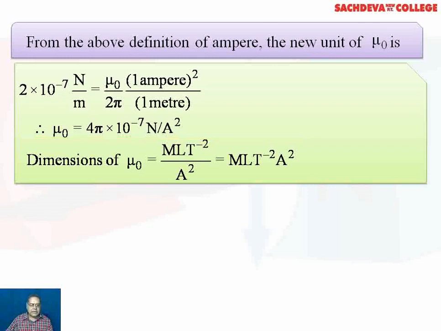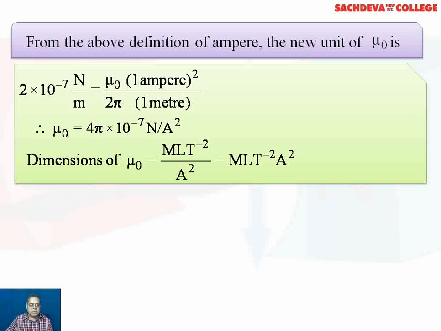Well, in this context, you will further remember that absolute permeability, mu naught, can also be expressed as Weber per ampere meter, or Henry per meter.